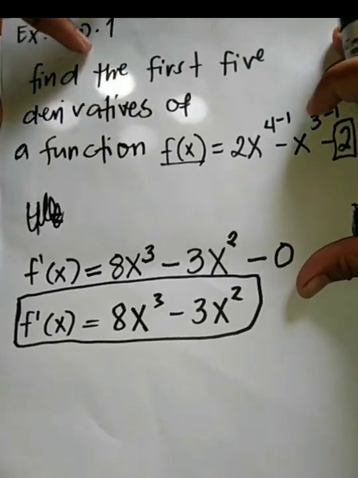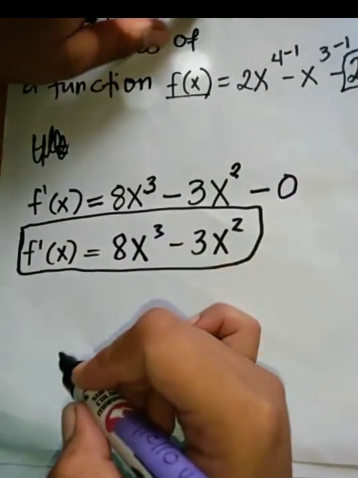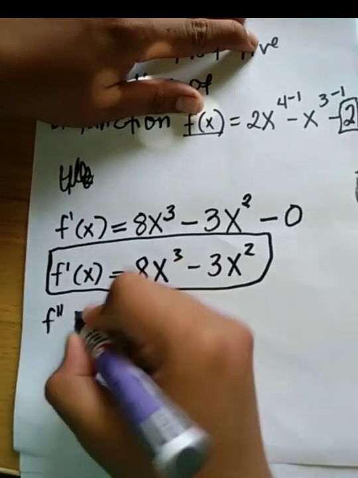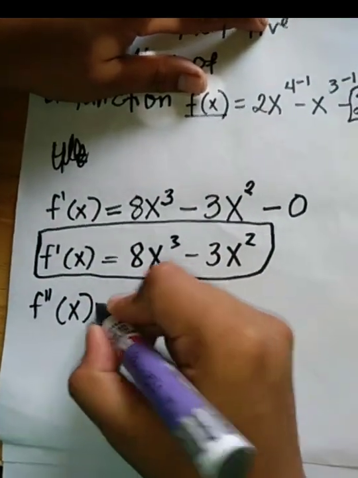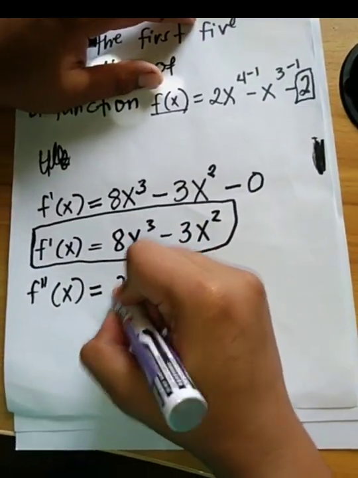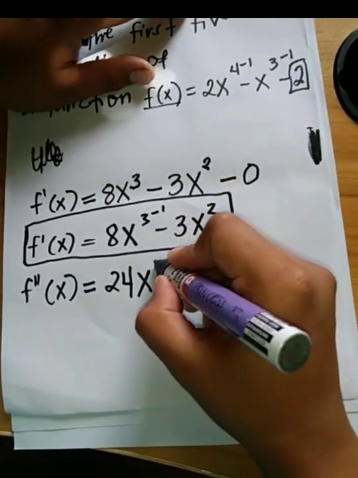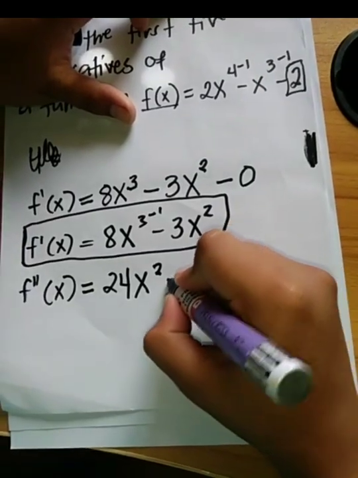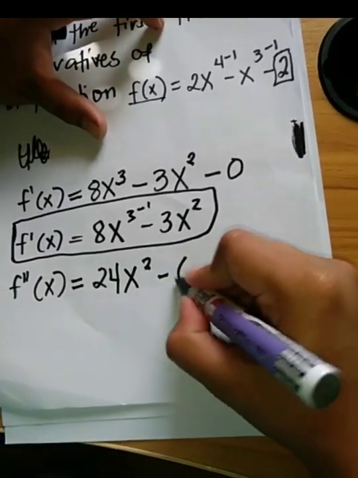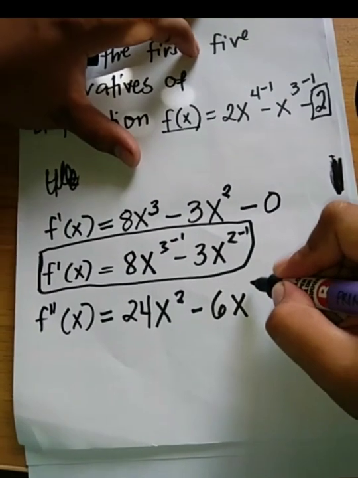Since we already have our first derivative, we're going to get its second derivative. f double prime of x equals 8 times 3 will become 24, times x to the 3 minus 1, which is 2, and then minus 3x squared is going to be 6x, and then 2 minus 1 is 1, and it's already given.